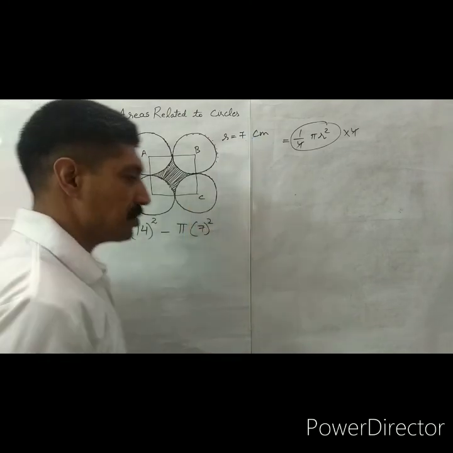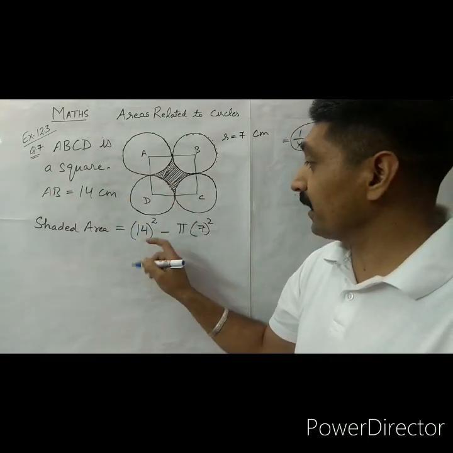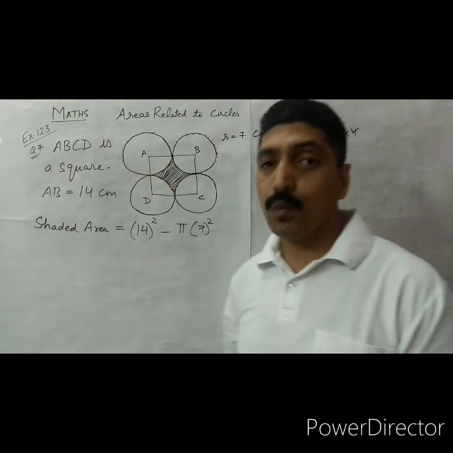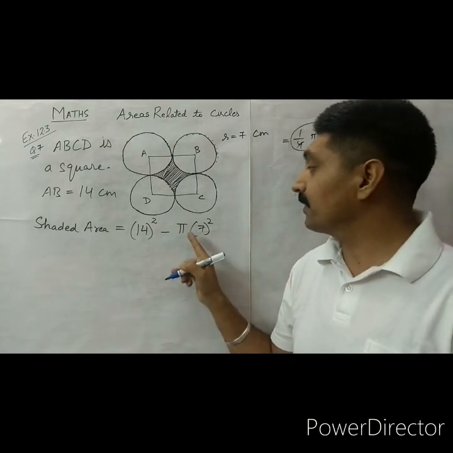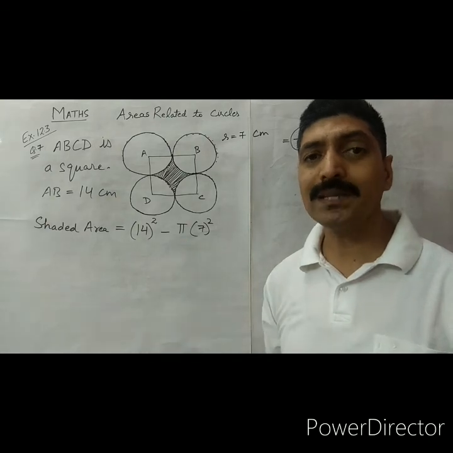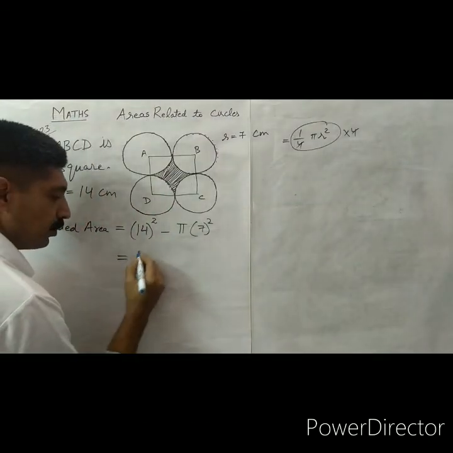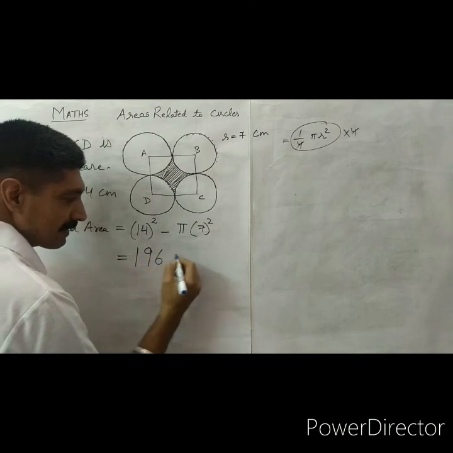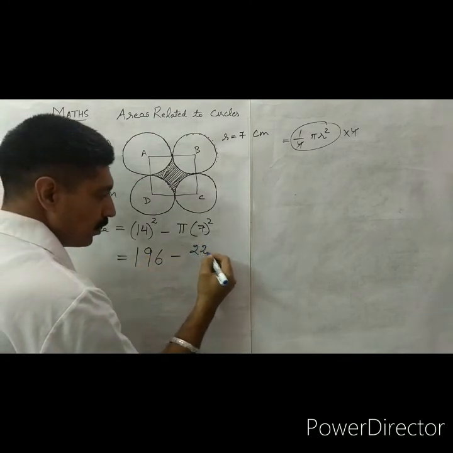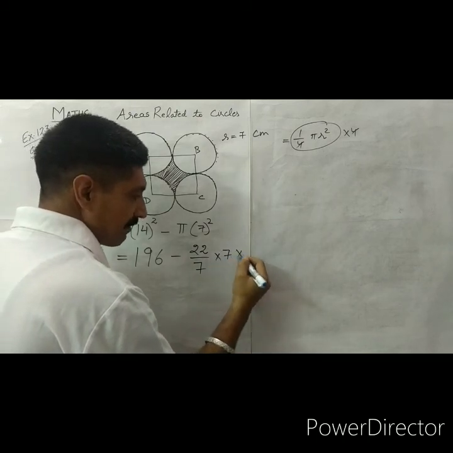So here the question is very simple. Side of the square is 14. 14 square is 196, and the value of pi we will use is 22 upon 7. So this is further equal to 196 minus 22 upon 7 into 7 into 7.